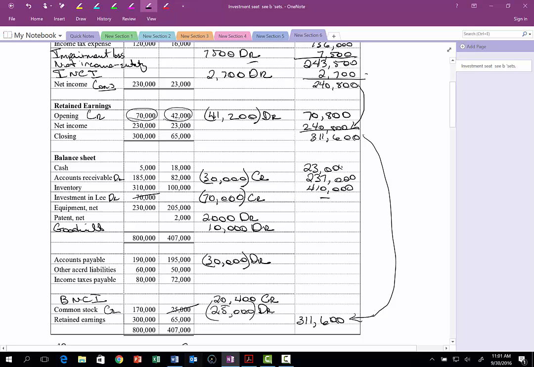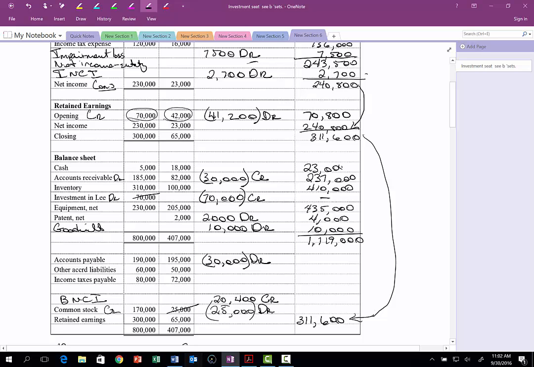Equipment, we had no equipment differences, so it's 435,000. We have the patent, which is now sitting at 4,000. And we have goodwill at 10,000. Add those up, and that gives us our total consolidated assets of 1,119,000.